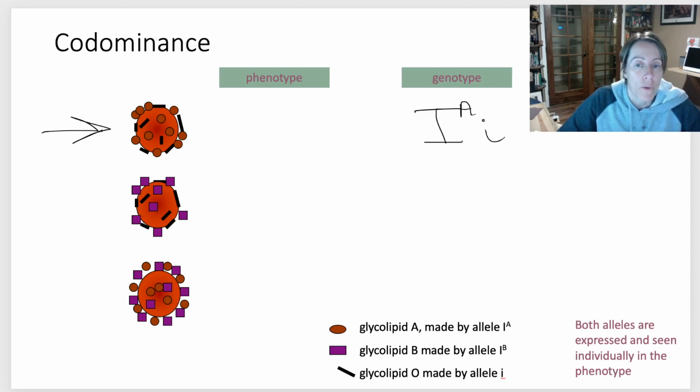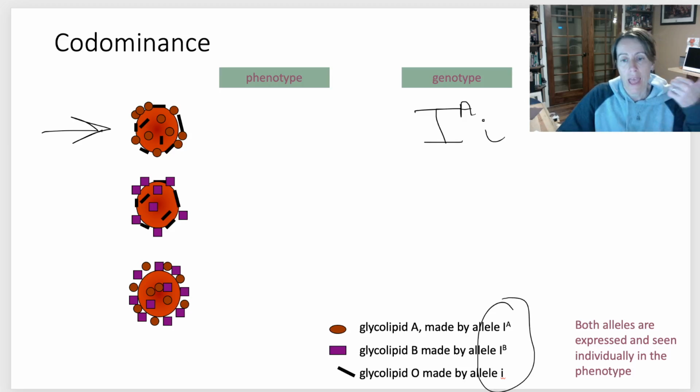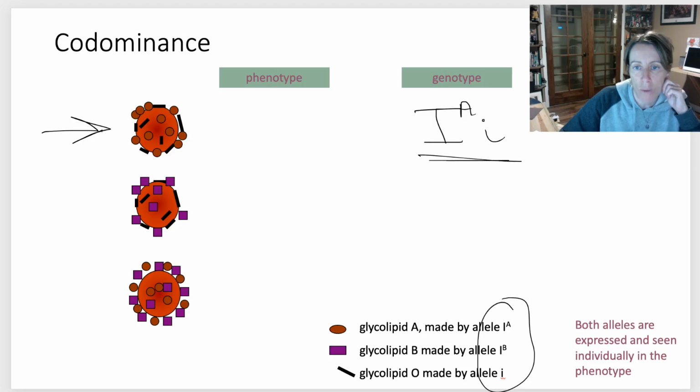However, we've said already, and we can show by the letters we're using, that IA and IB are codominant with each other. And they're both dominant compared to little i, which is recessive. And if you remember, when you have a heterozygote here, which has a dominant and a recessive, like this is the dominant one and this is the recessive one, you only see in the phenotype the dominant allele.